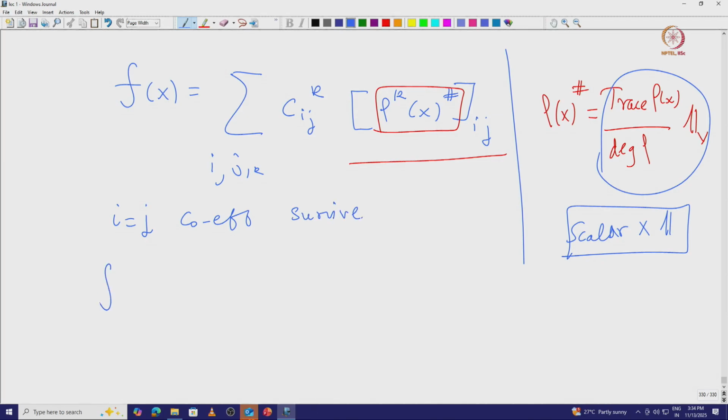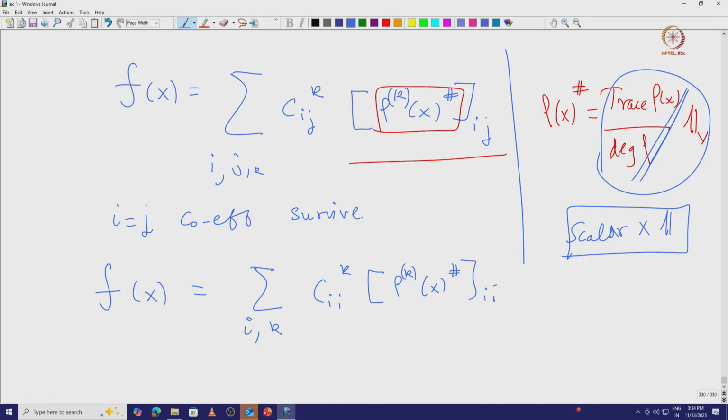That would imply that f of x equals the summation over i, k of c_iik, and then the coefficient of this matrix, whose ith entry is this scalar, which is exactly trace of rho of x, which is chi_rho of x, divided by the degree of rho.